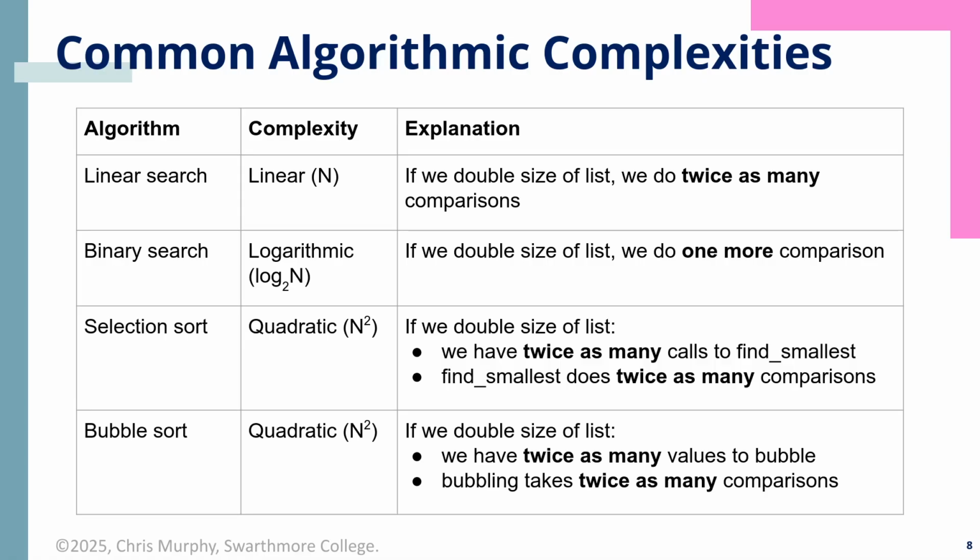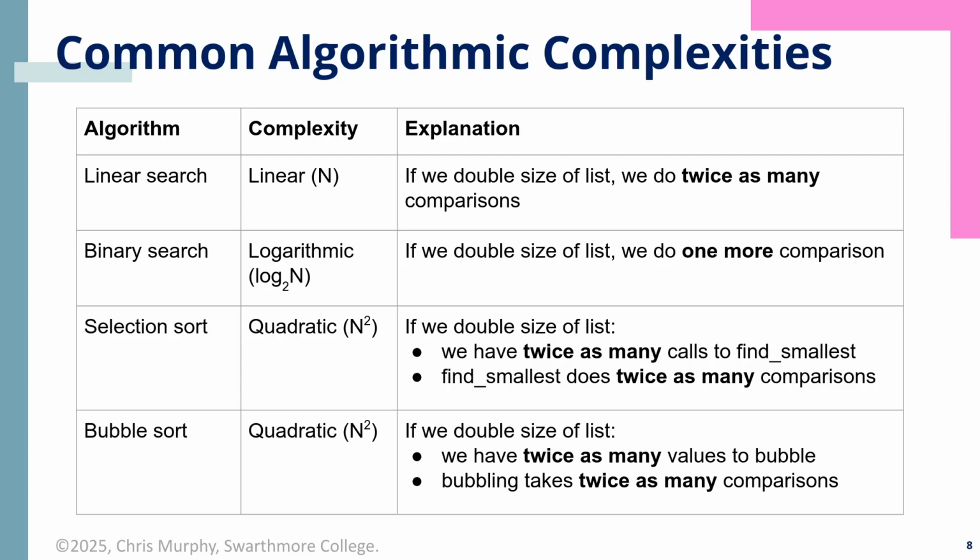So for instance, if I have a list of 5 things, and then I look at all except for the last one, I look at this one, this one, this one, this one. That's still linear. And it's like, well, we didn't look at every element. It's not all n elements.